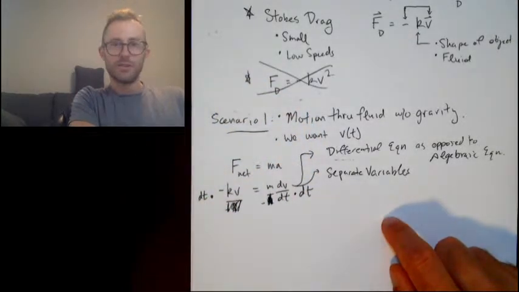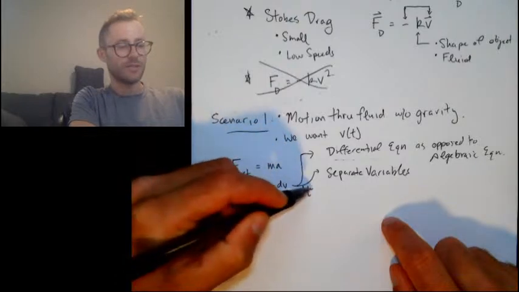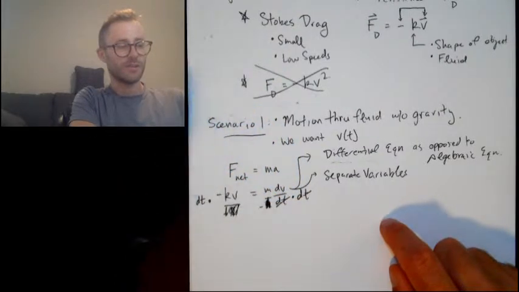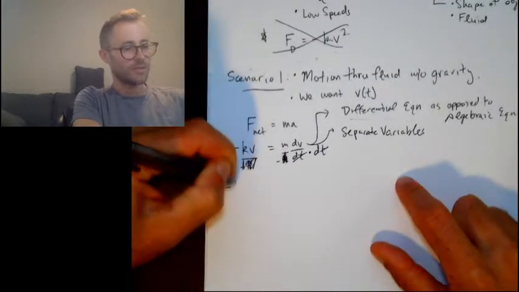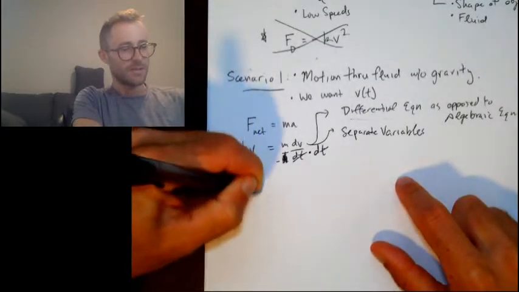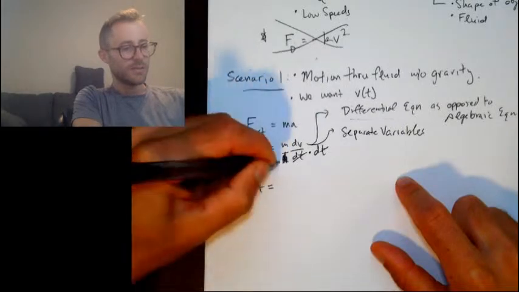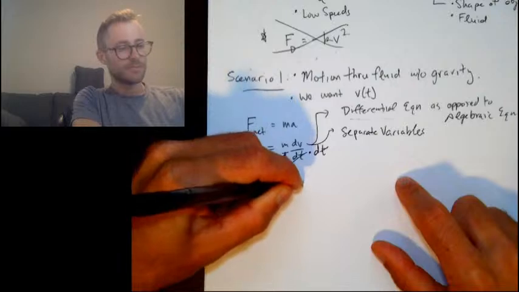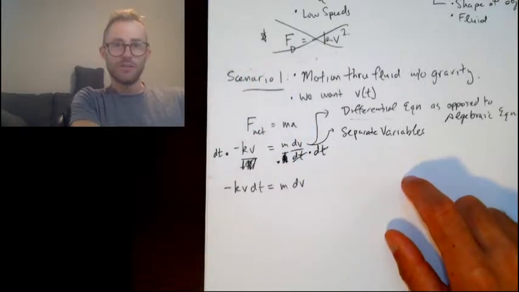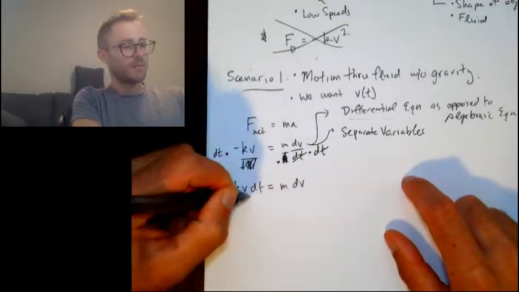Now notice how I have dt over dt, so the dt's cancel out here. They don't cancel out over there. So in the next line, I have minus kv dt equals m dv. Now I'm going to divide both sides by m.